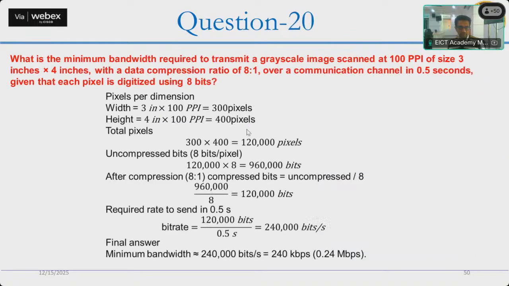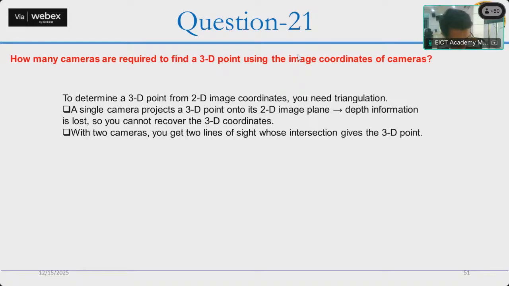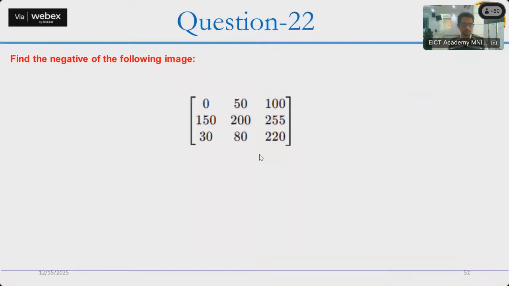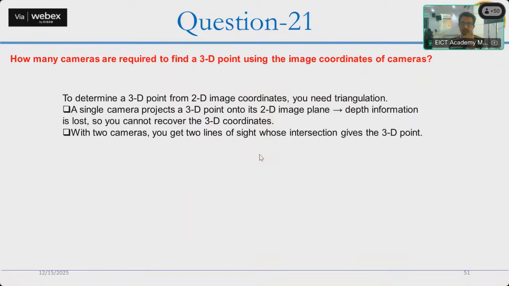Other problems are the same in nature, and there are two little problems. For example, how many cameras are required to find a 3D point using the image coordinates of cameras? To determine a 3D point from a 2D image, you need triangulation.